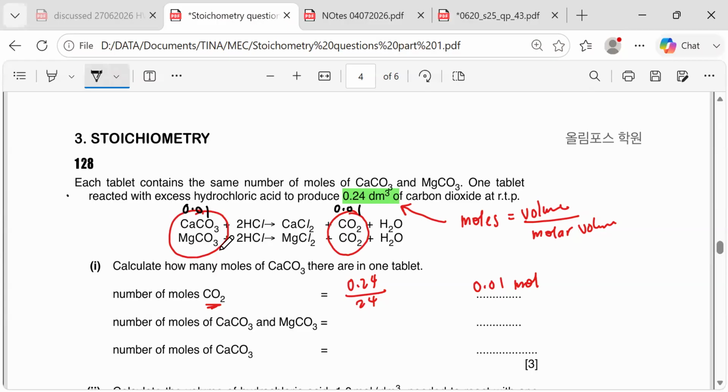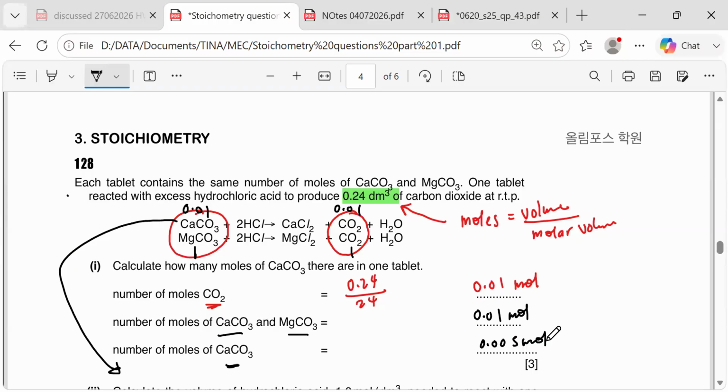Yes, because the ratio is 1 to 1. So the number of moles of calcium carbonate and magnesium carbonate is 0.01. Get it? But if I only take calcium carbonate, divide by 2 lah. 0.005. They're telling you the tablet has two things.